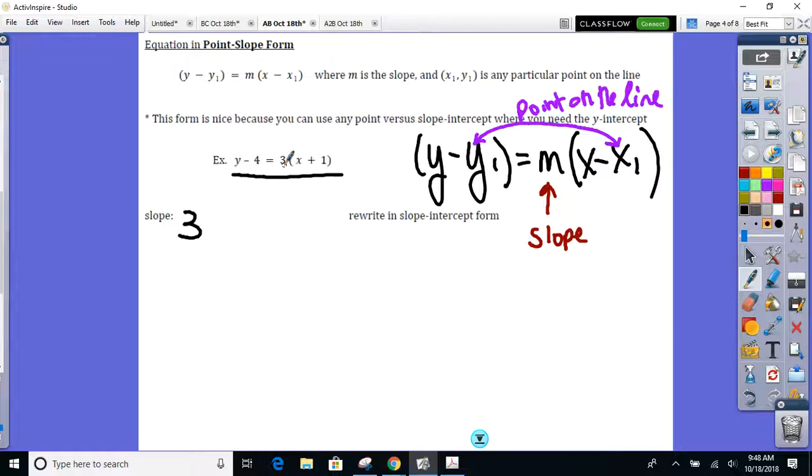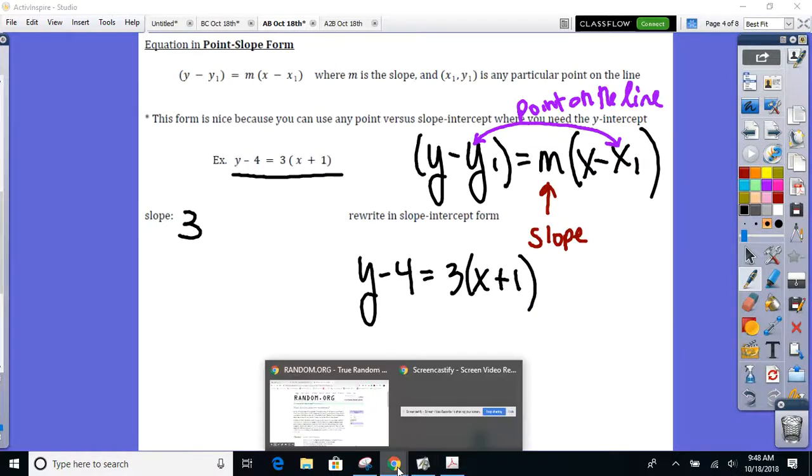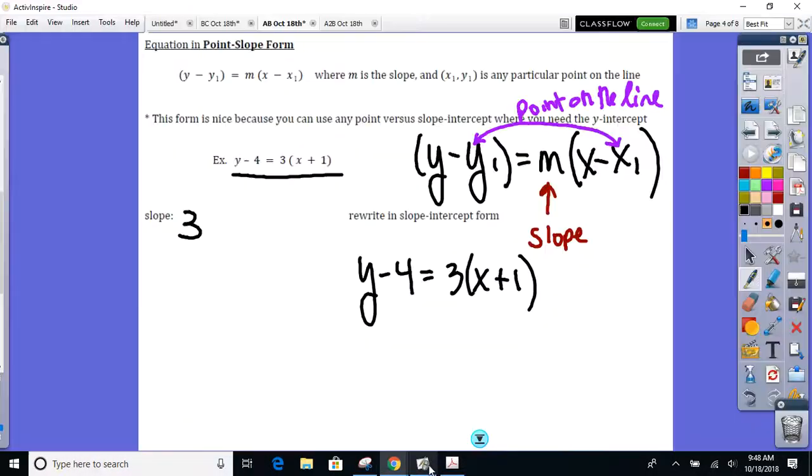Look back if you need to. Slope-intercept form starts with what? Y equals. So I need to solve for y here. So what would be your first move in solving it for y? Yep, distribute the 3, everybody.